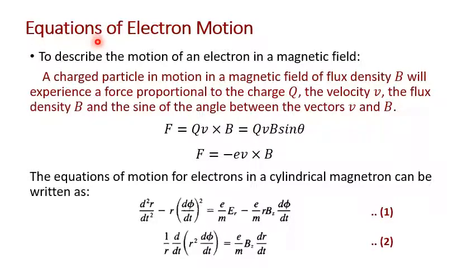Now we will look at the equations of electron motion, from which you can derive an expression for the Hull cutoff magnetic equation and the Hull cutoff voltage equation.